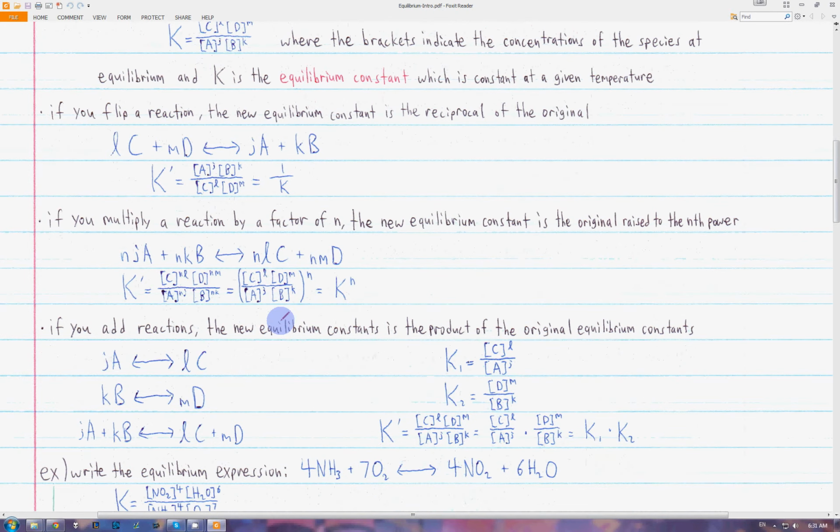And then last, if we add 2 reactions, then the equilibrium constant of the new reaction will be the product of the original equilibrium constants. So if we have some reaction with an equilibrium constant K1 and then another reaction with an equilibrium constant K2, and then we add these 2 reactions, the overall equilibrium constant for this new reaction will be K1 times K2.